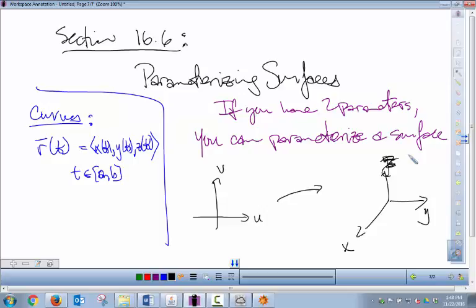And a lot of times I call this capital phi. I think the book calls it R. I'm a little afraid to call it R because we use R for our curve parameterization. And so I'm going to see if I could just stick with capital phi and then change it when it's convenient.